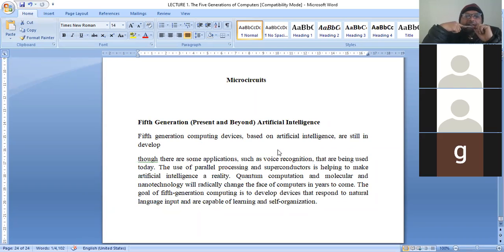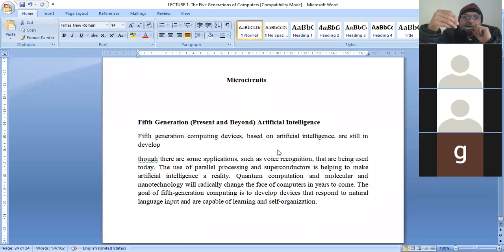Parallel processing and superconductors are helping make artificial intelligence a reality. In the fifth generation, like you have heard about robots, they are planning to make computers that can read whatever the user is thinking, and talk the same way we are talking.